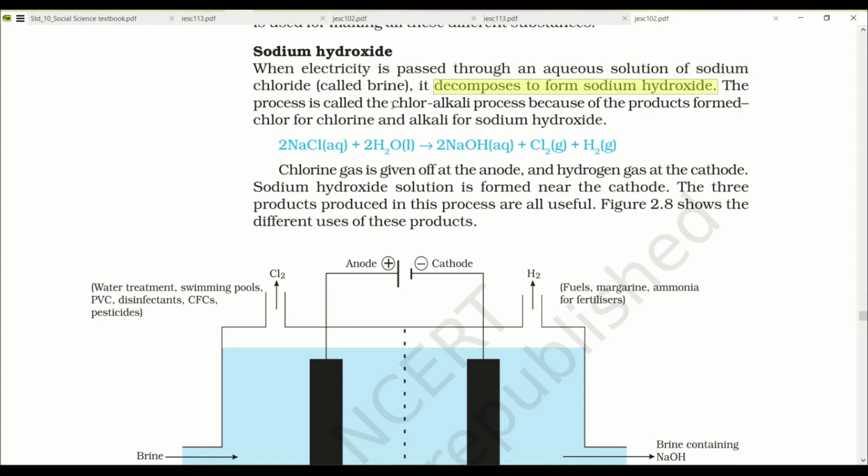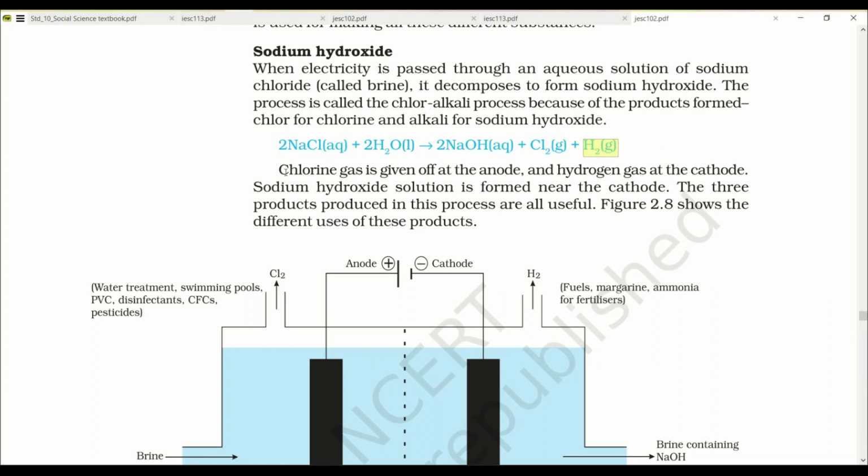The process is called the chlor-alkali process because of the products formed: chlor for chlorine and alkali for sodium hydroxide. That means when salt is added in water and electricity is passed through it, you obtain sodium hydroxide, chlorine and hydrogen gas. So, three products are obtained from sodium chloride.